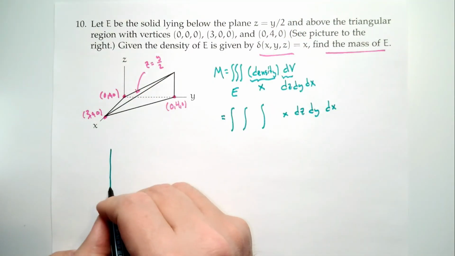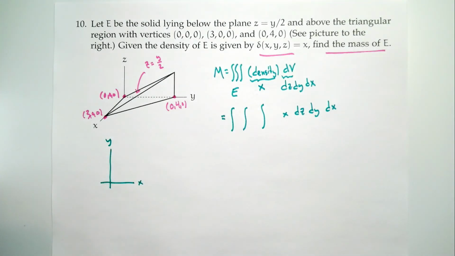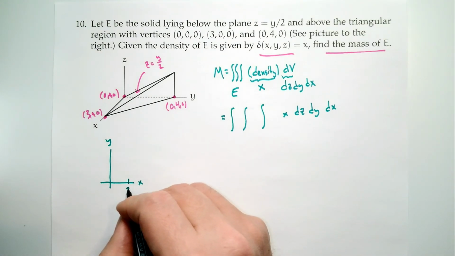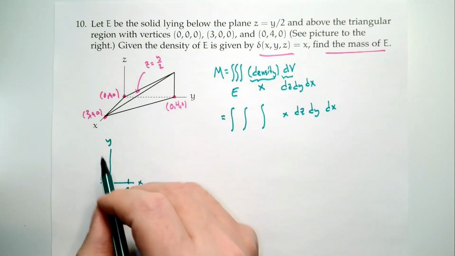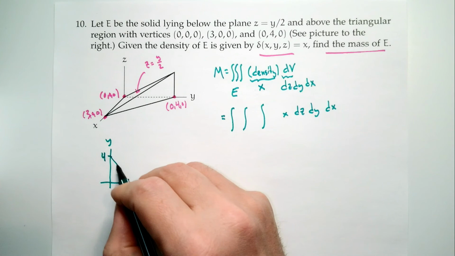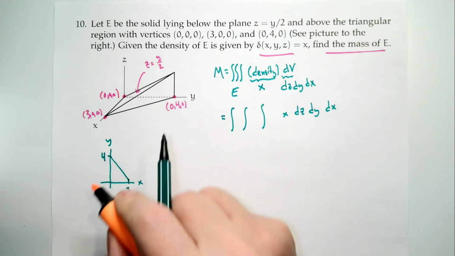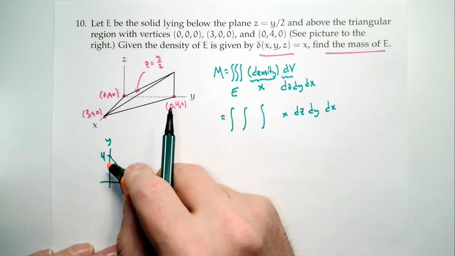And when I look down the z-axis, what I'll see is just something in the xy plane. And well, it's not so hard to figure out what I see. I hit here at x equals 3, I hit here at y equals 4, and I get a triangle. So that's my picture here in the xy plane. So let's talk about our bounds.